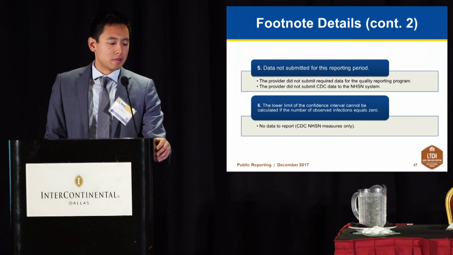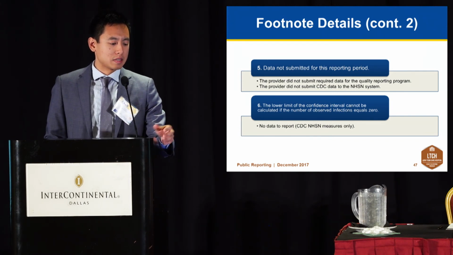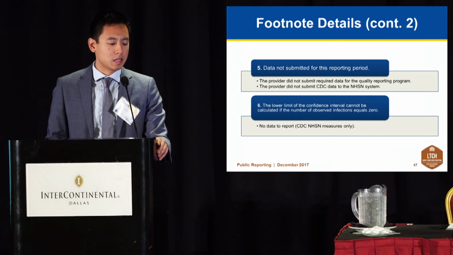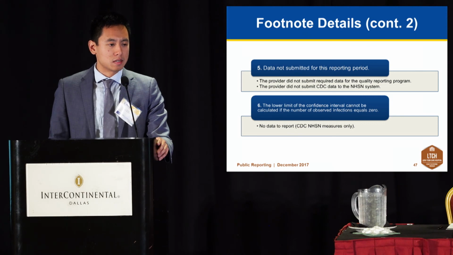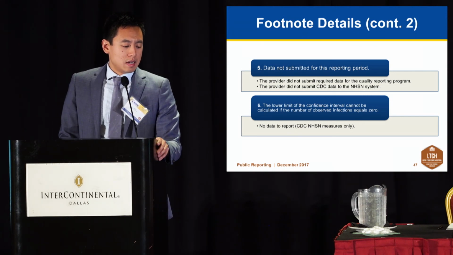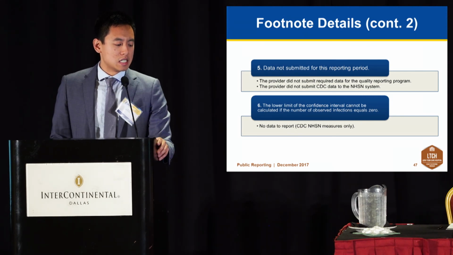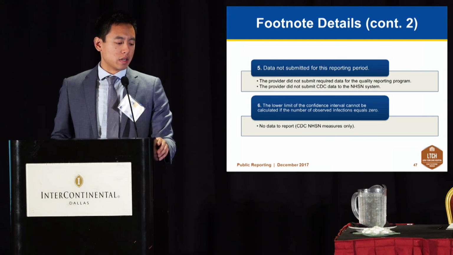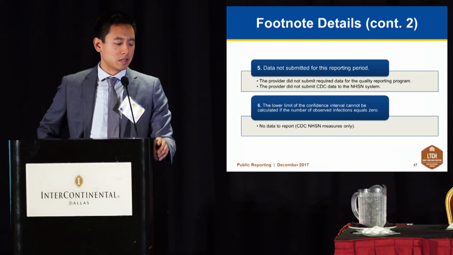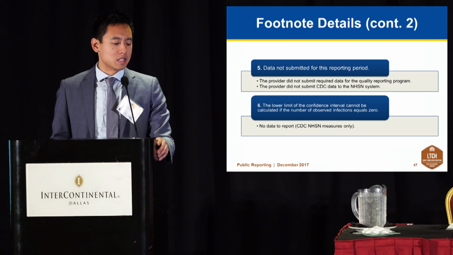Number 5, data not submitted for this reporting period. So either the provider did not submit any required data, or they did not submit any CDC data to the NHSN system. The next 2 are CDC specific. Number 6 is the lower limit of the confidence interval cannot be calculated if the number of observed infections equals 0.